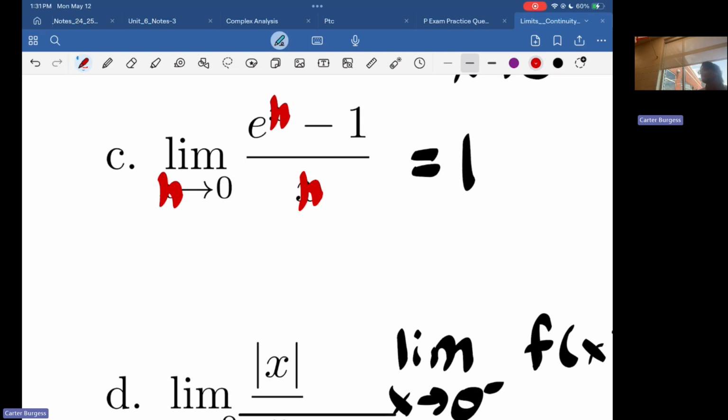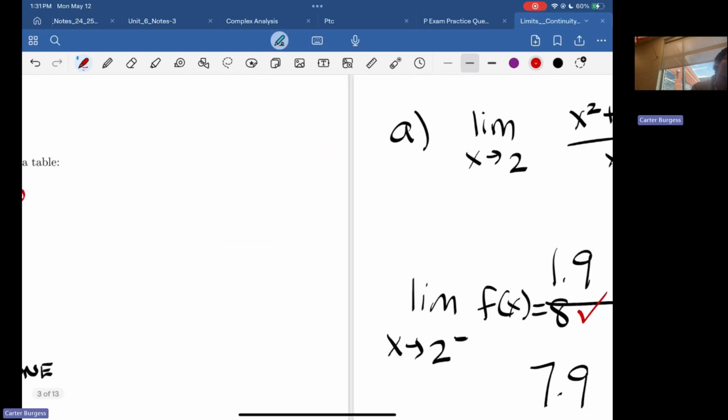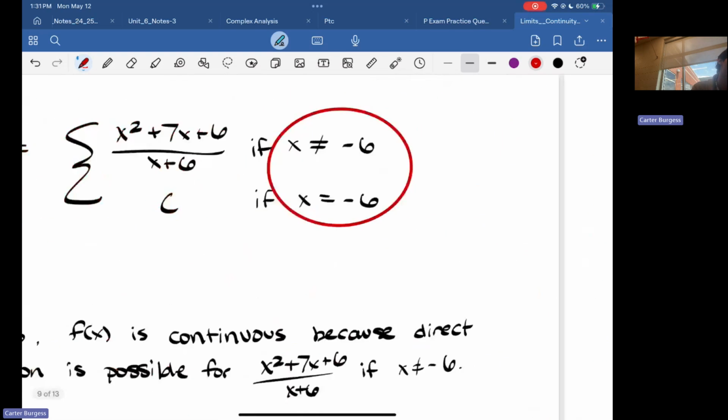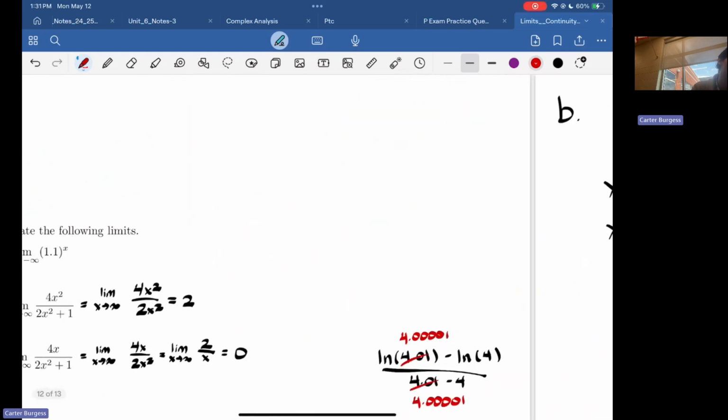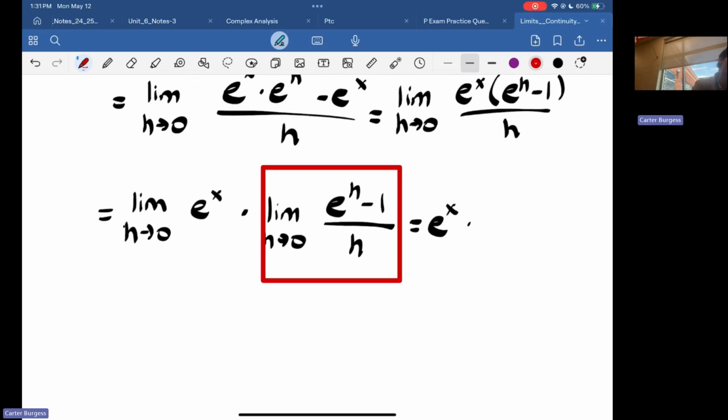So we've already done this one. And actually, we already did this one so that I could back reference it so we wouldn't have to calculate it again. So we already know what this limit is. This e to the h minus 1 over h is, in fact, just equal to 1.